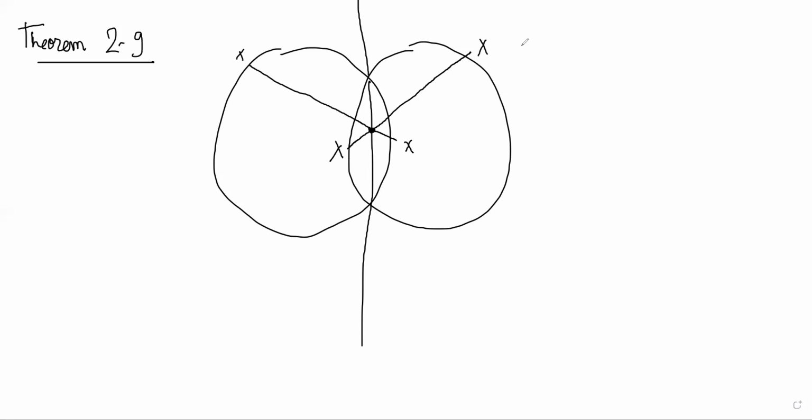And in the given question, we have just figured out that the same thing has happened. In the given question, MN and PQ were intersecting at a point which was the orthocenter, and that was actually on the radical axis of the two circles.